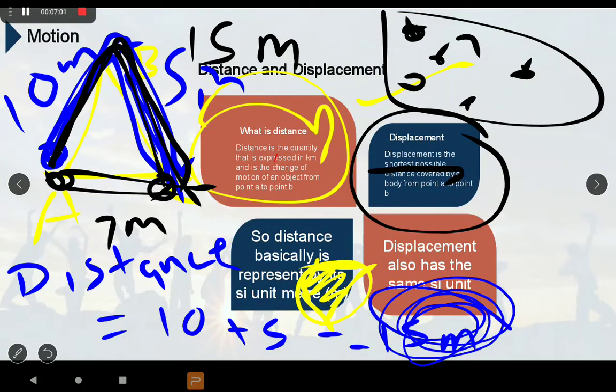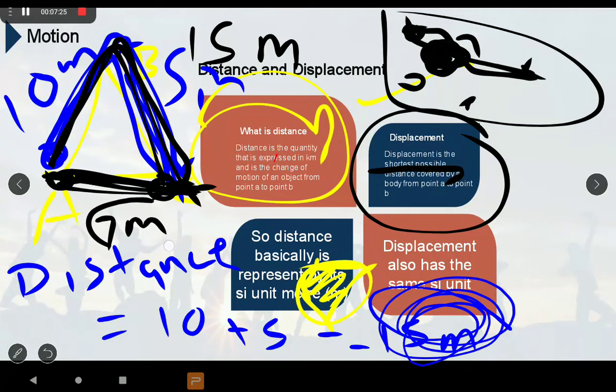So I will basically take my path from here, here and here. But I have another option. I could directly go in here. So this is the point where I cannot go, which is impossible for me, which is the displacement we cannot cover. So the 7 meter which Raman has covered is his displacement.